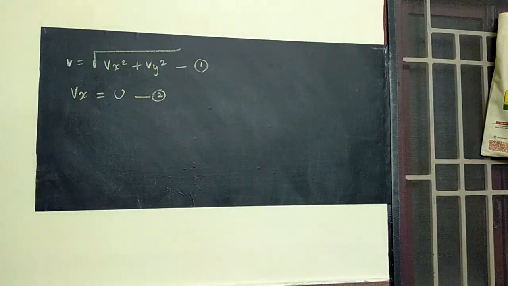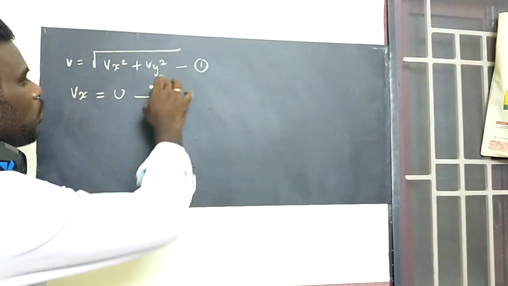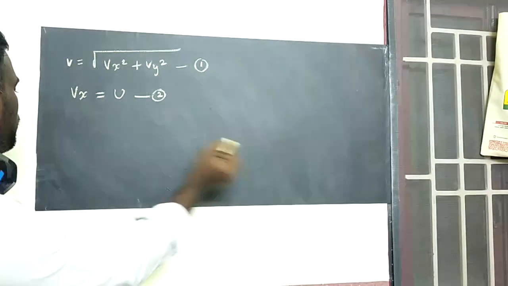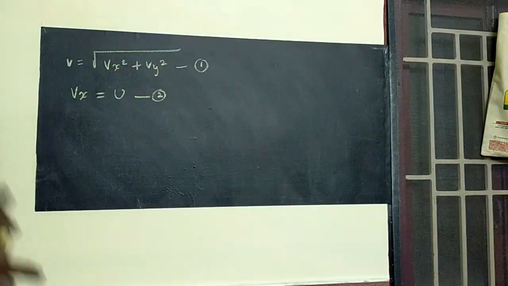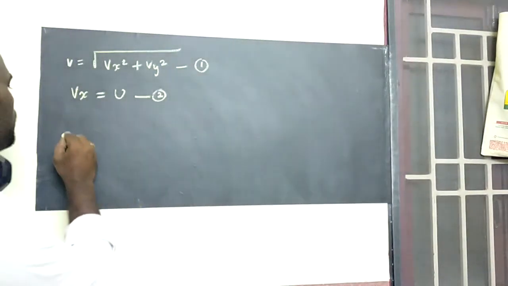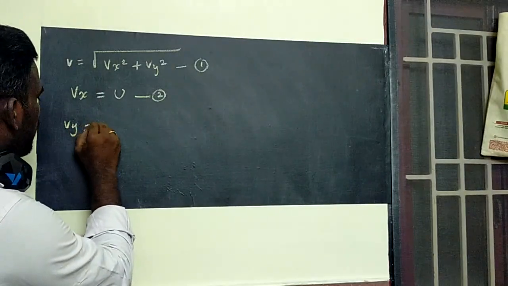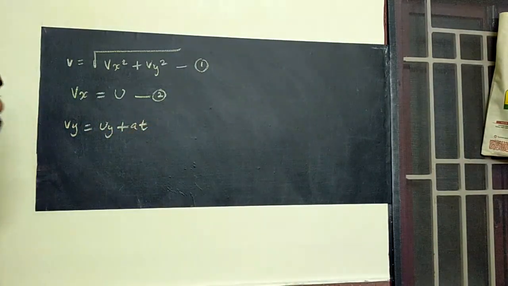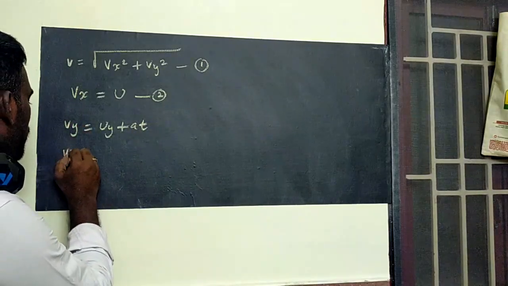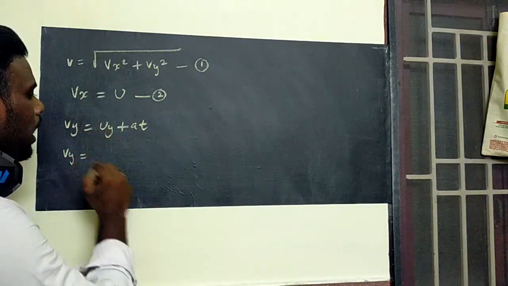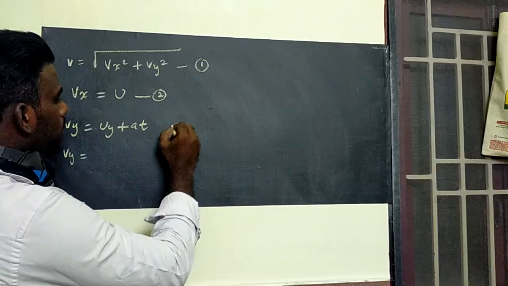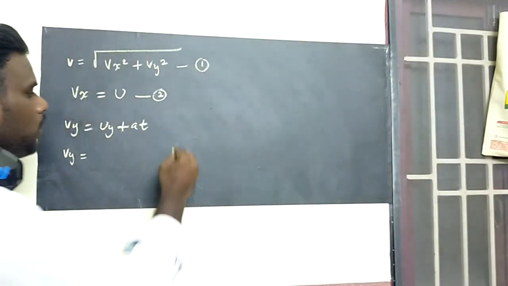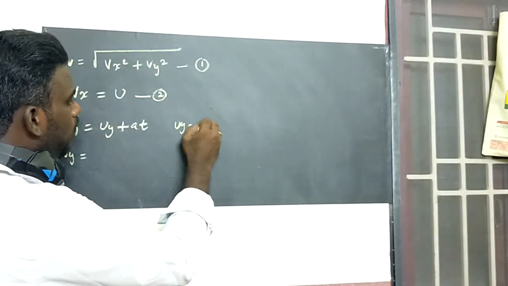It will not vary. But what about the velocity in the y-axis when it hits the ground? We can get that value by using the first equation of motion. From this, vy equals uy plus at. We know that the initial velocity of a body in the vertical direction is 0, so the uy value equals 0.